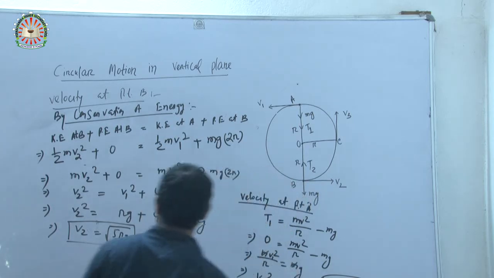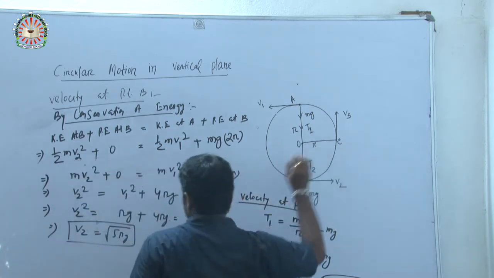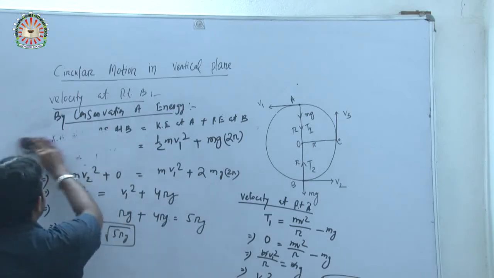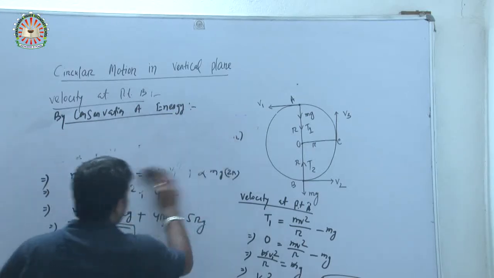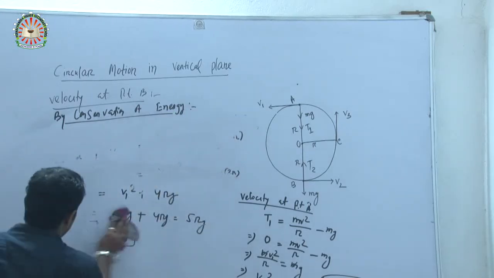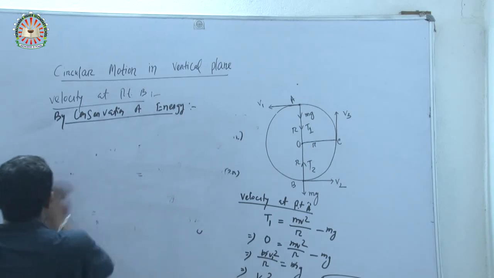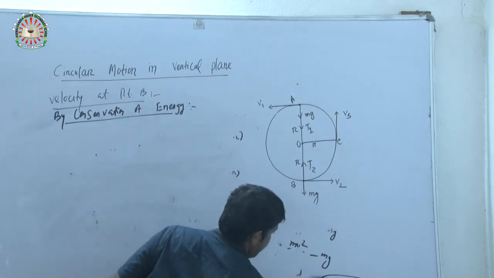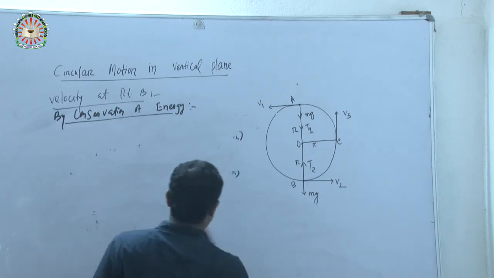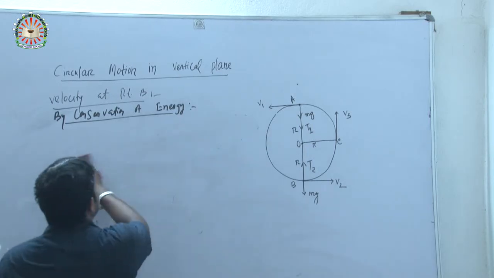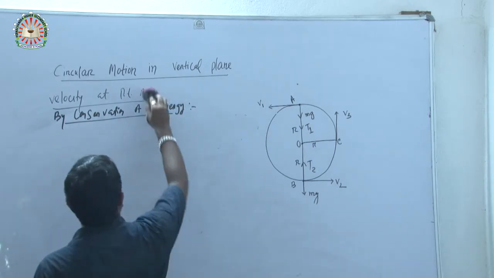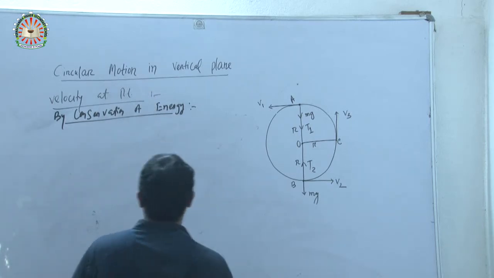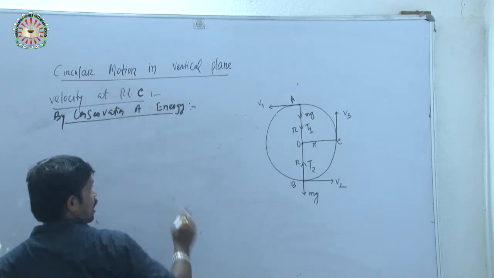So now lastly we have to find out what is my velocity at the midpoint. Let us find out the velocity at midpoint. Okay. So let us find out the velocity at C. Okay, so look at here.